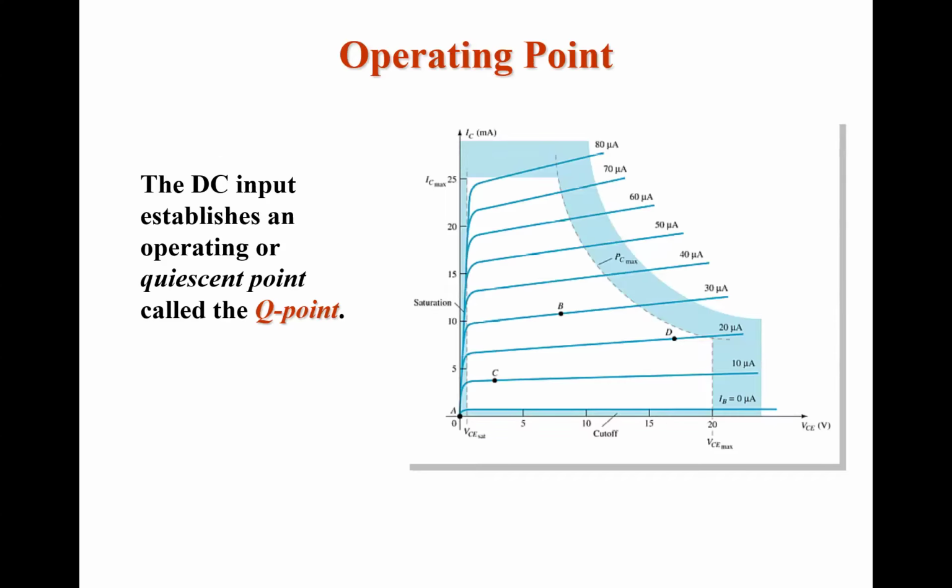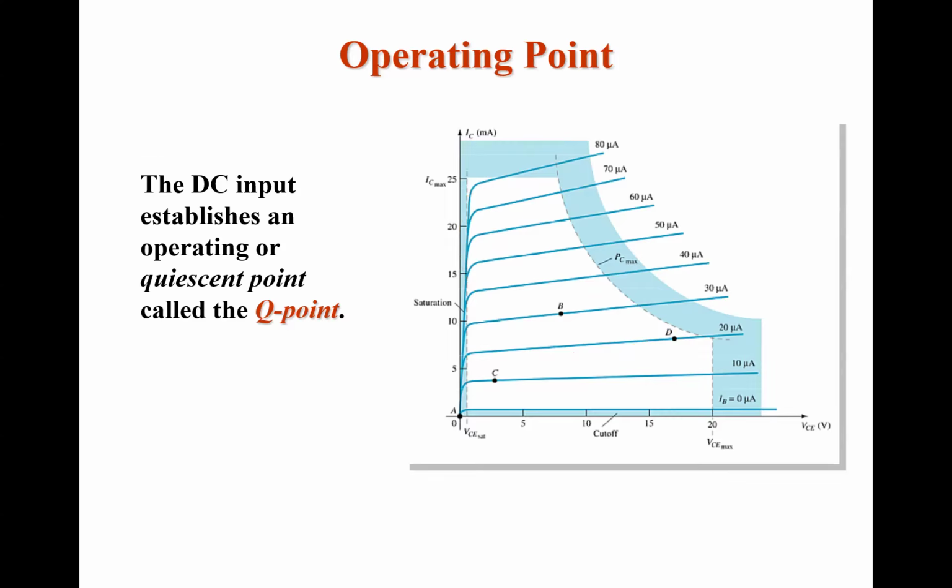What is the operating point? Consider a graphical representation of the output characteristics of the CE configuration. The output characteristic is plotted between VCE and IC, with VCE taken on the x-axis and IC on the y-axis.